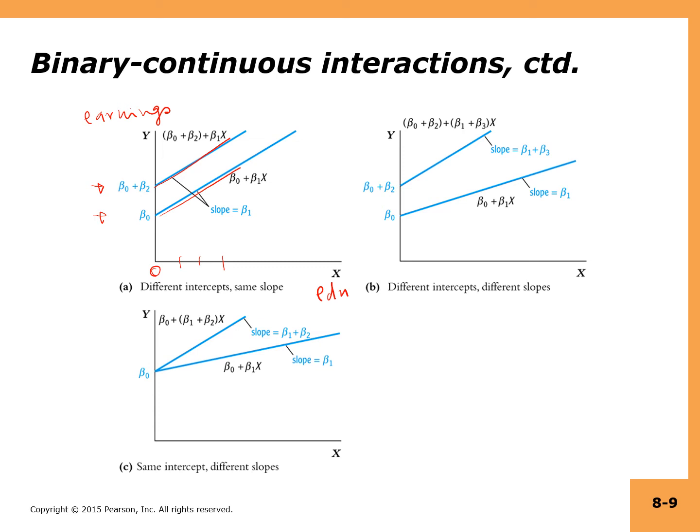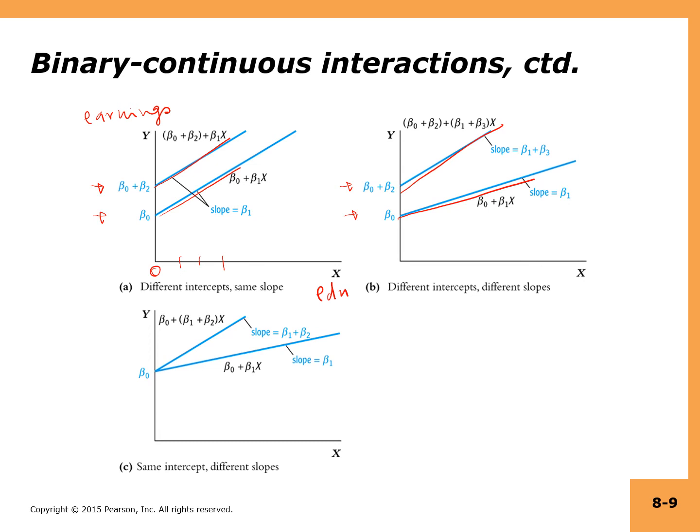We can also think of another situation where you start off at different wages with no education, but then the slope also differs between two groups. So we may think that for male, the return to education is higher, so it's steeper than female, whose return to education is lower, so they have a flatter slope.